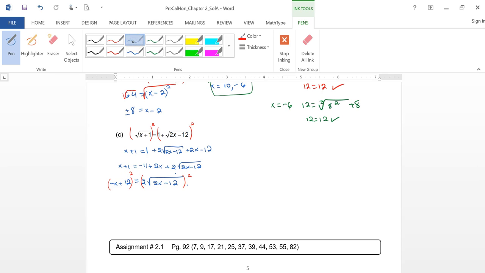When I do that, here I get x squared minus 24x for the middle term plus 144 equals, here's where students make a mistake almost all the time. They forget to square the 2. So it's 4 times 2x minus 12. Okay, this needs to be squared. Now it's just a quadratic equation.